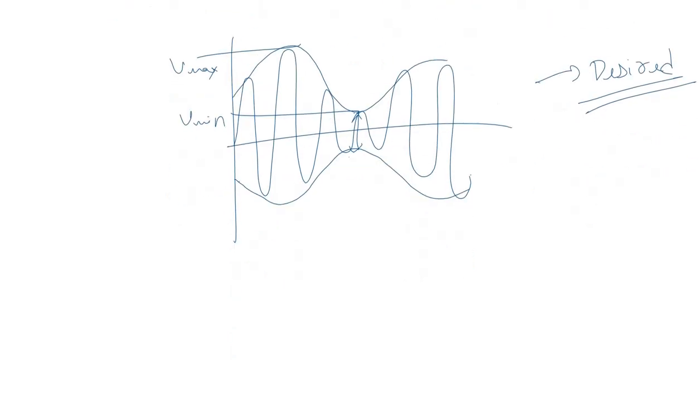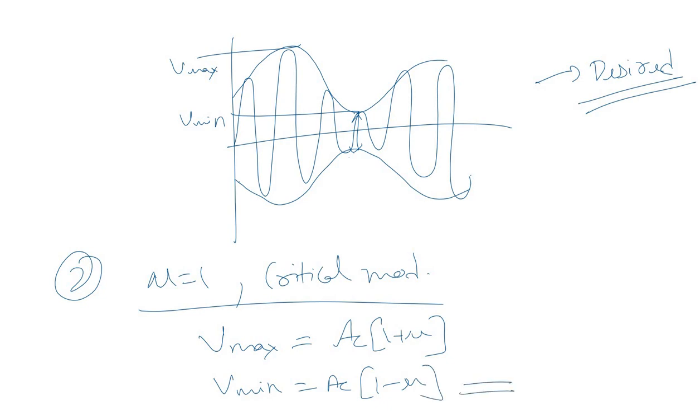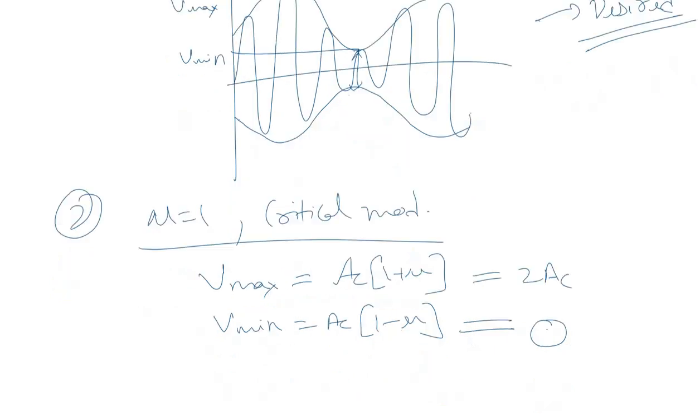Now comes the second case, mu is equal to 1, which is critical modulation. For mu equal to 1, Vmax is AC into 1 plus mu, and Vmin is AC into 1 minus mu. So Vmin will be 0, and Vmax will be twice AC.